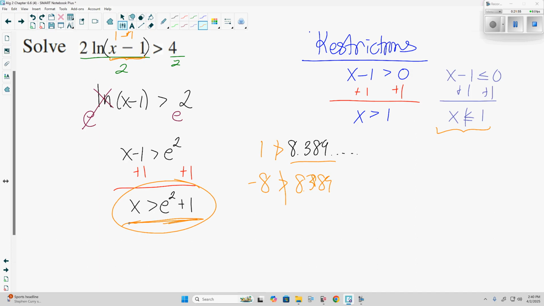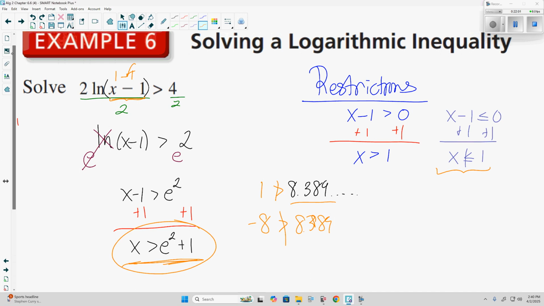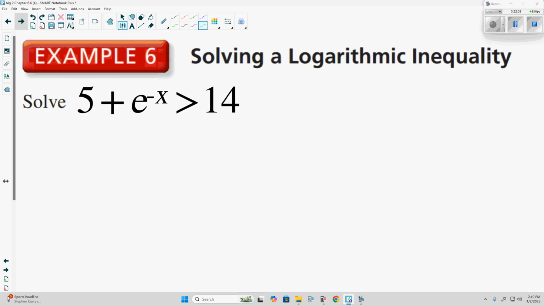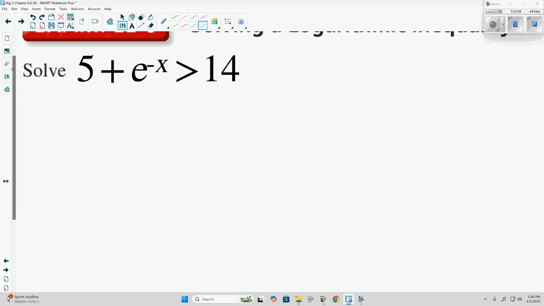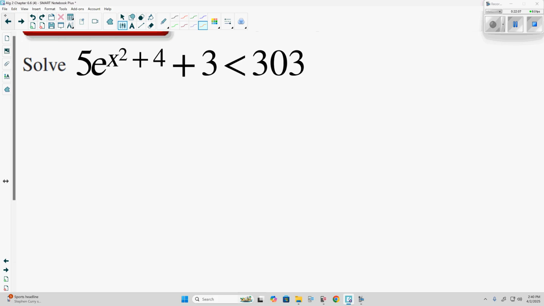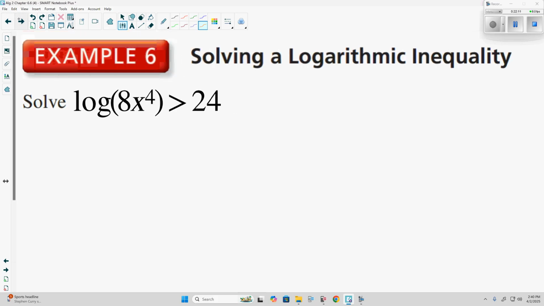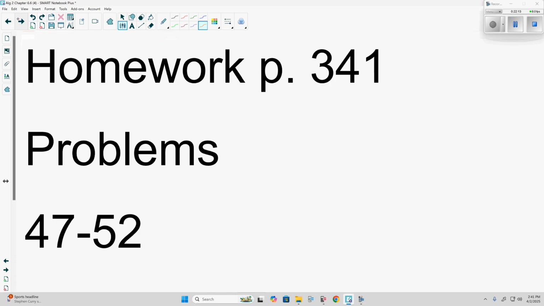So we have no restrictions. It's just the solution. Questions on this here? So I'm not going to worry about any of those. That's it.